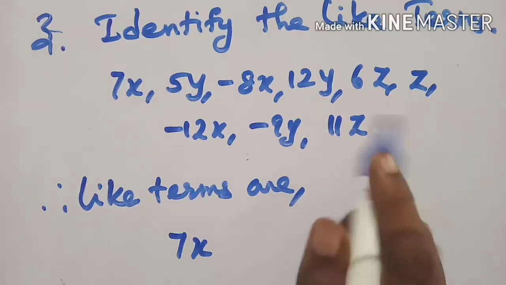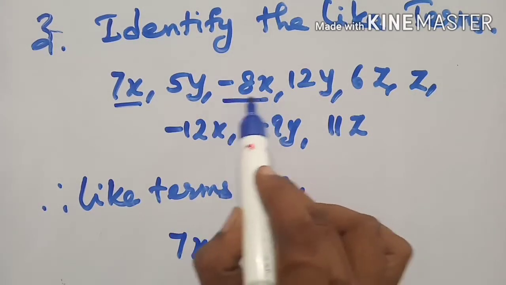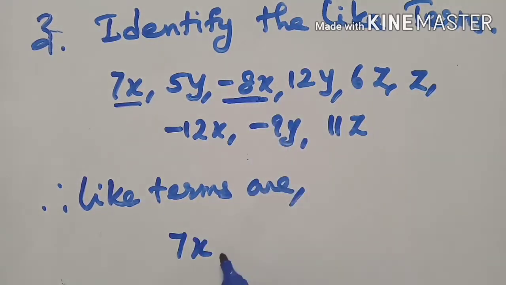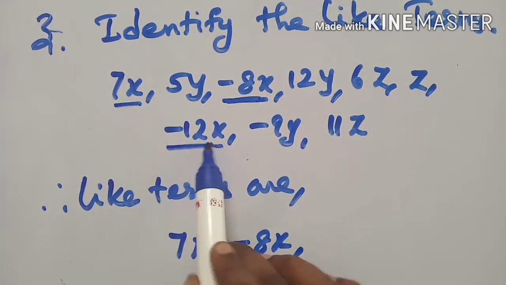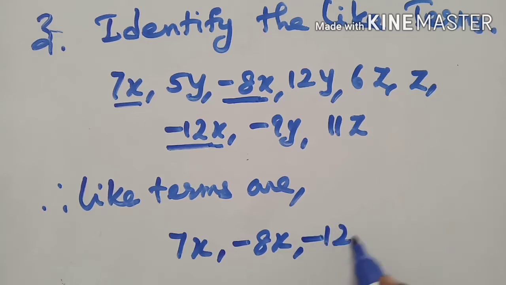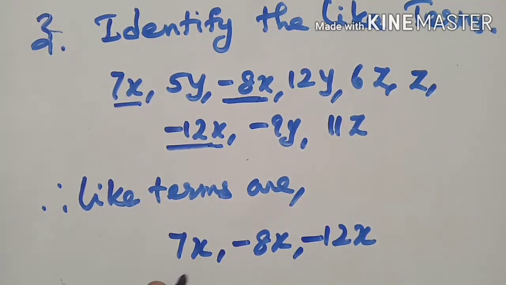Another term is minus 8x. 7x, minus 8x. One more term contains x. What is that? Minus 12x. So in these given expressions, these 3 terms are like terms: 7x, minus 8x and minus 12x.